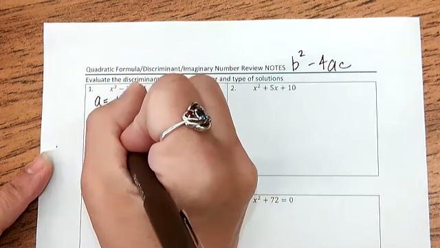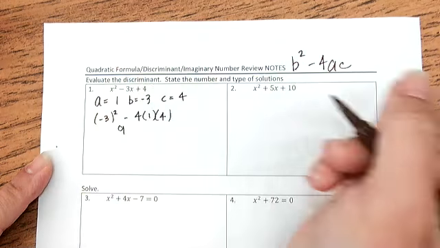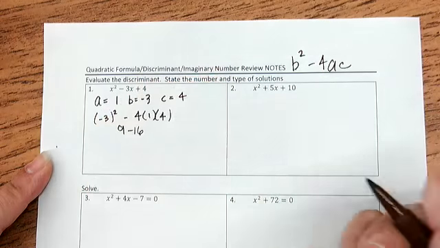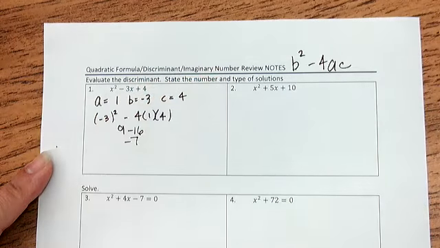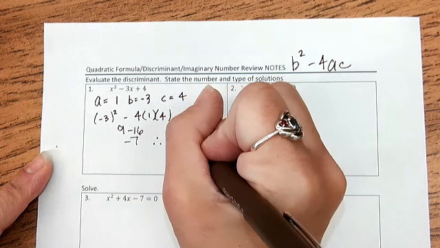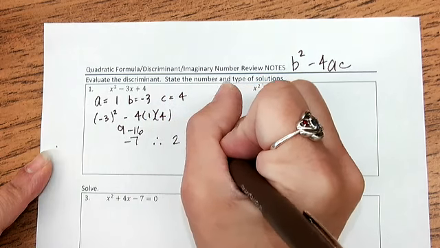So this becomes 9 minus 16, which is -7. The discriminant is negative. This has two imaginary solutions.